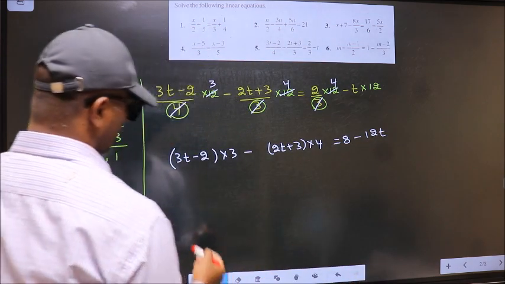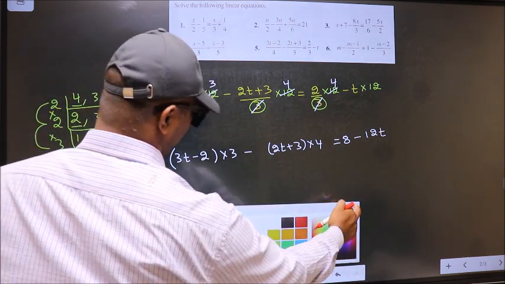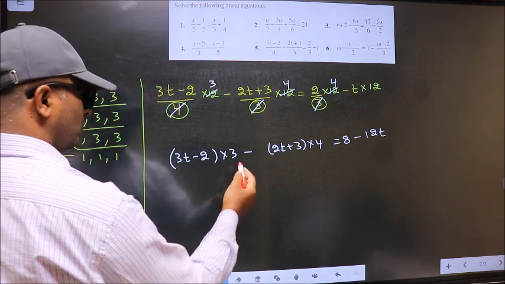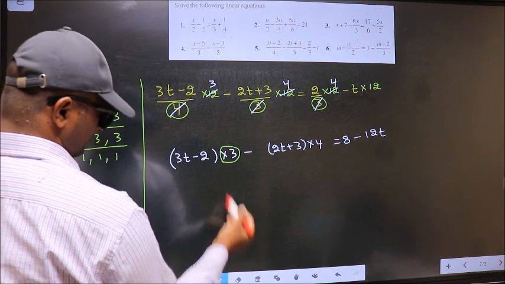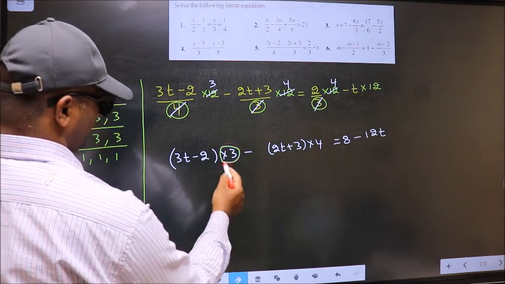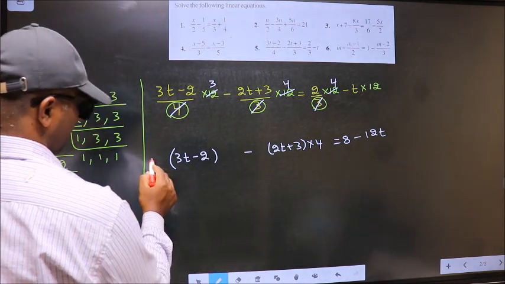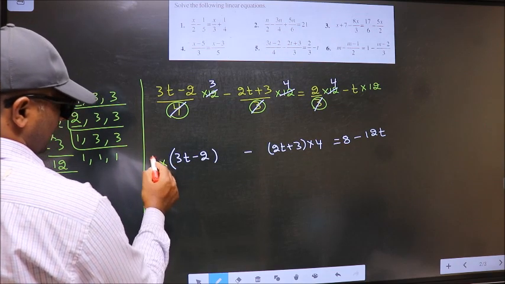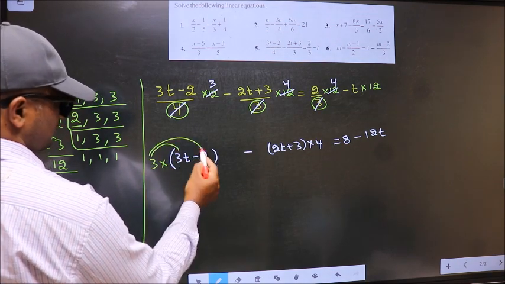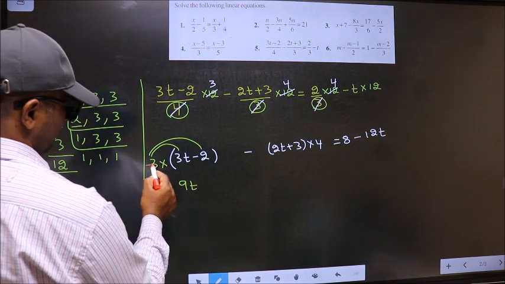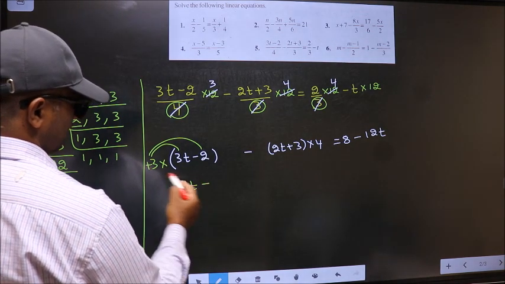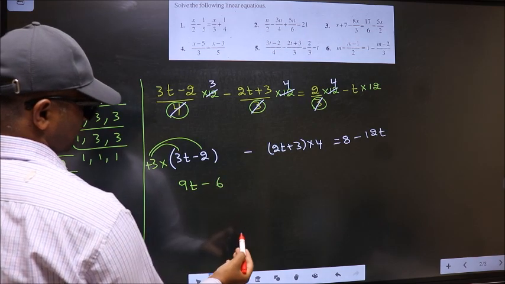Next. Now over here what I want you to do is this into 3. I want you to write before this bracket and open up the brackets. So we get 3 into 3t is 9t, plus into minus, minus 3 into 2, 6.